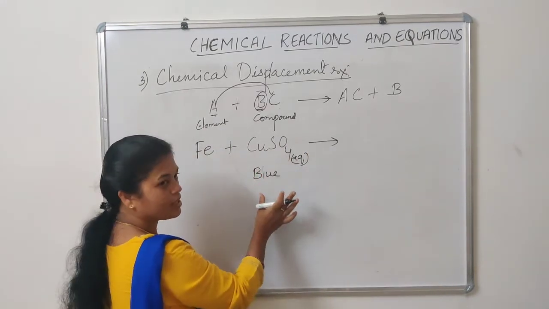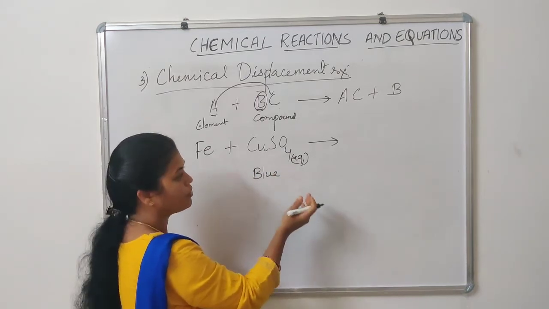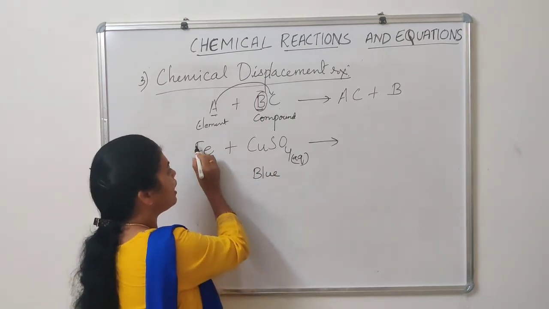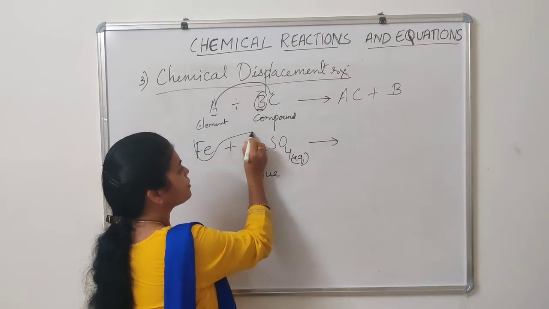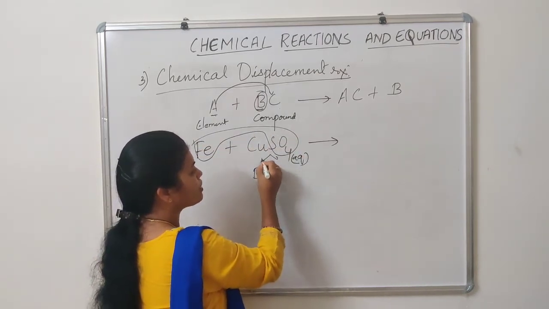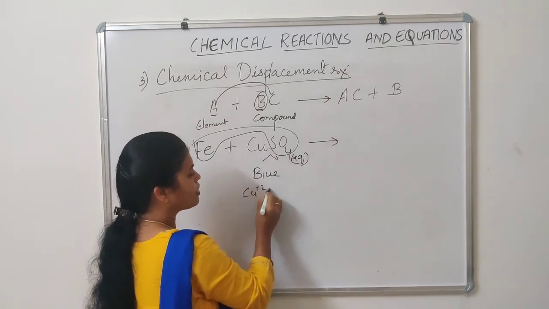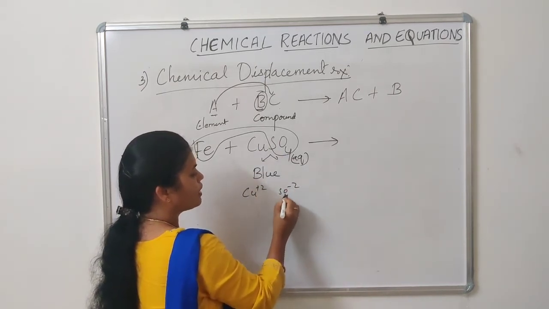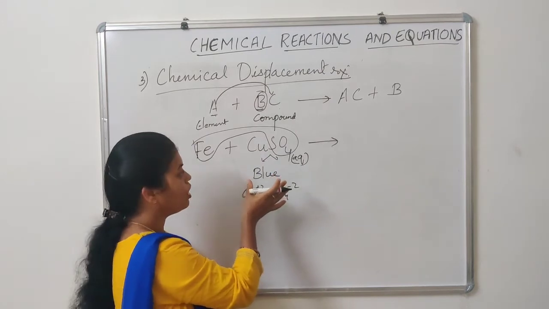Just after some time, without disturbing, after 15 to 20 minutes, you can see that iron reacts with the sulfate. Actually in aqueous solutions, these ions get separated. Copper ions and sulfate ions dissociate.